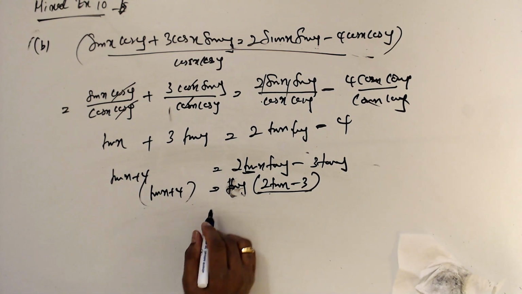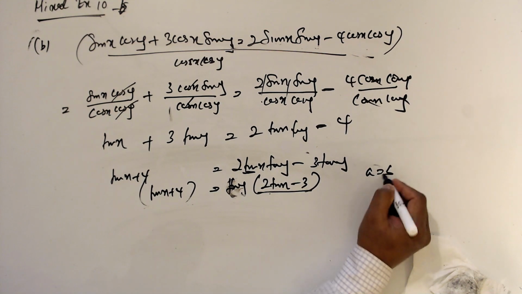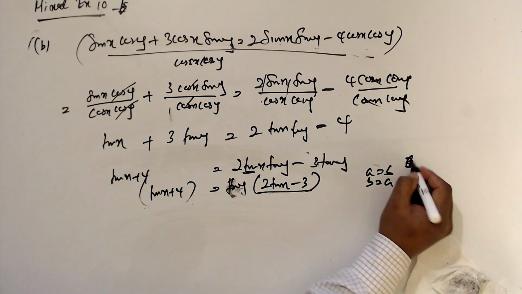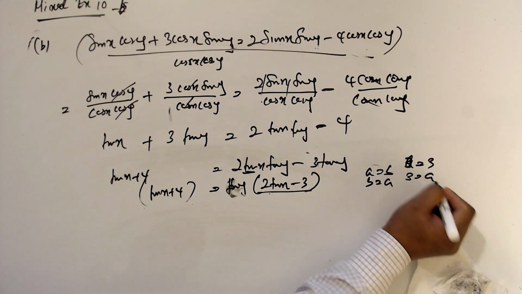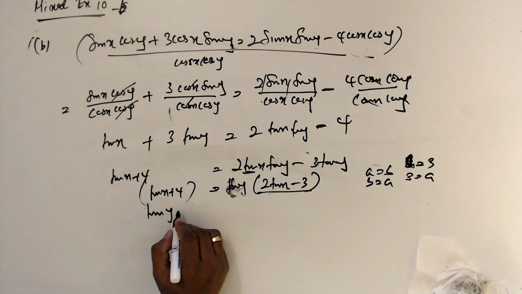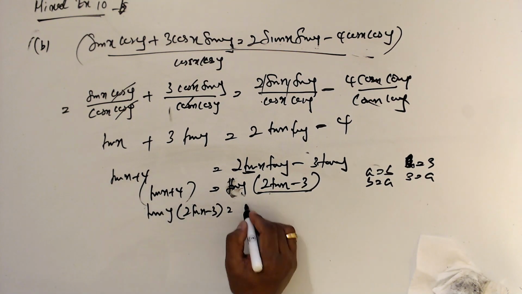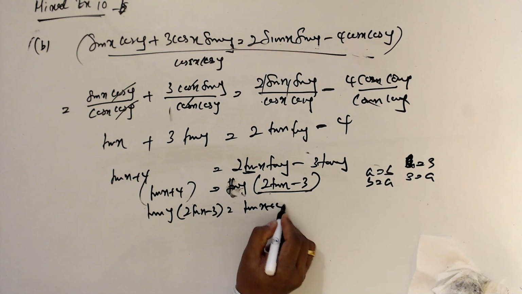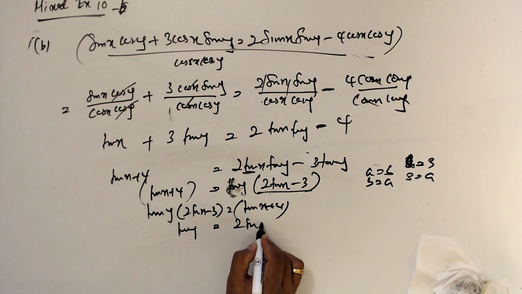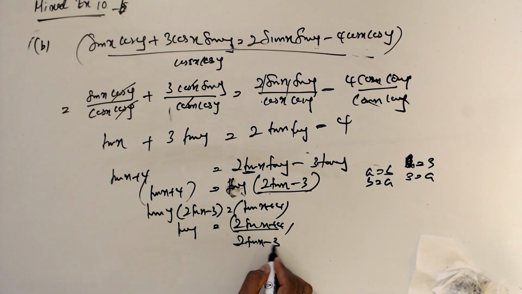Or from here, if you want to bring tan y to the left, a equal b, b equal a, both same. So I'll write tan y times 2 tan x minus 3 equal tan x plus 4. Then tan y equal tan x plus 4 divided by 2 tan x minus 3.